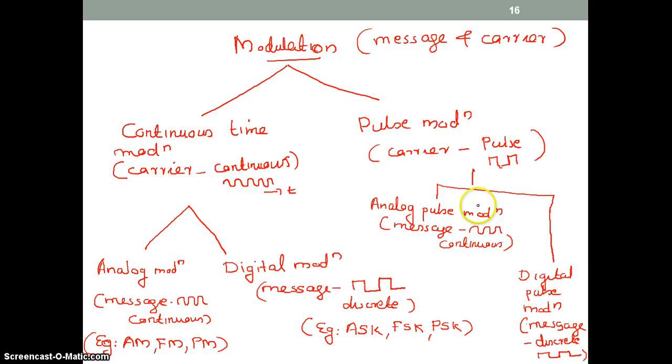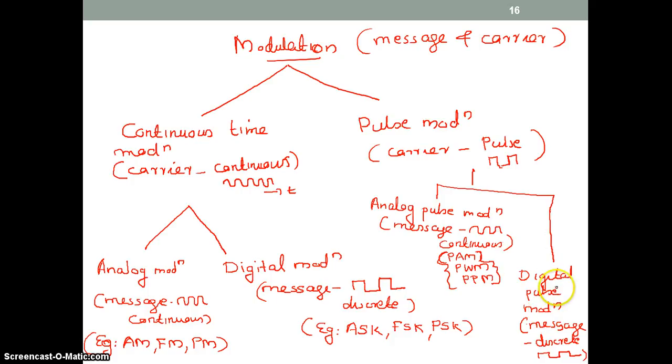And examples of this is of another category of analog modulation only, because message is continuous. Here the examples are PAM, pulse amplitude modulation, pulse width modulation, and pulse position modulation.